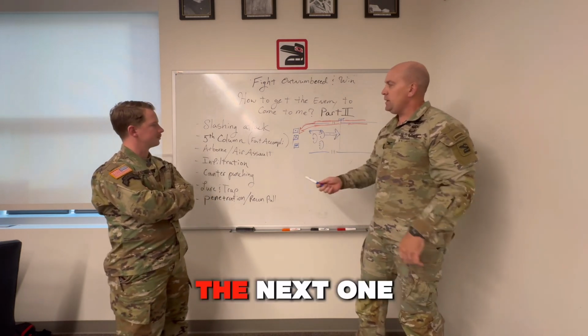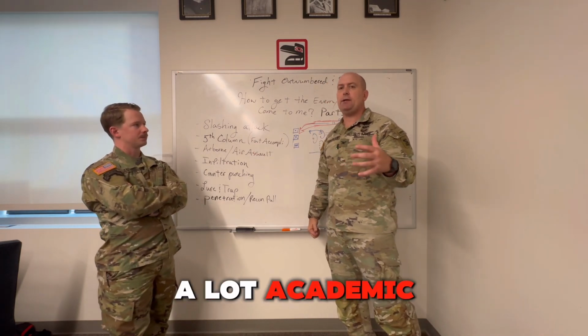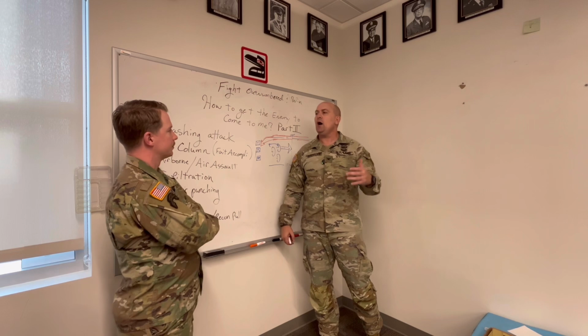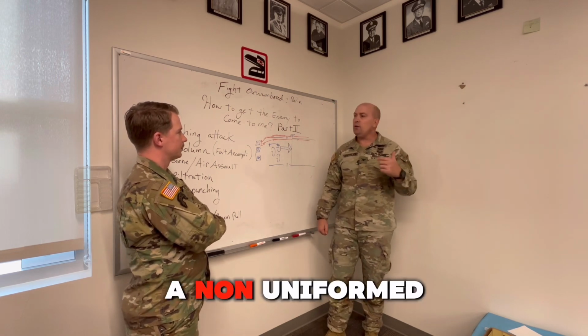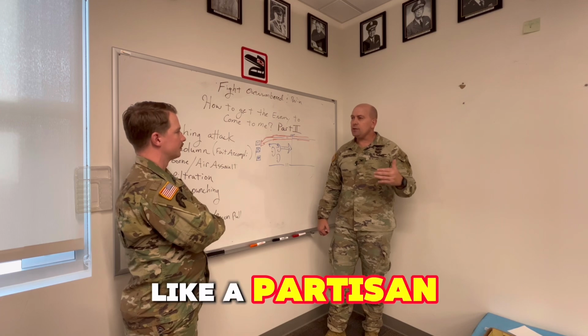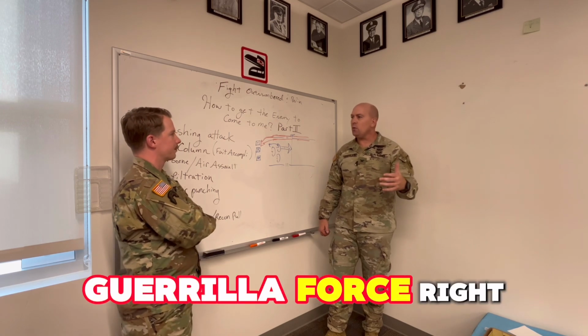Okay, the next one is a fifth column. I don't know if you ever heard of a fifth column. If you get into a lot of academic reading, you're going to hear this. A fifth column refers to a non-uniformed force, like a partisan, or more of a special forces type, guerrilla force.